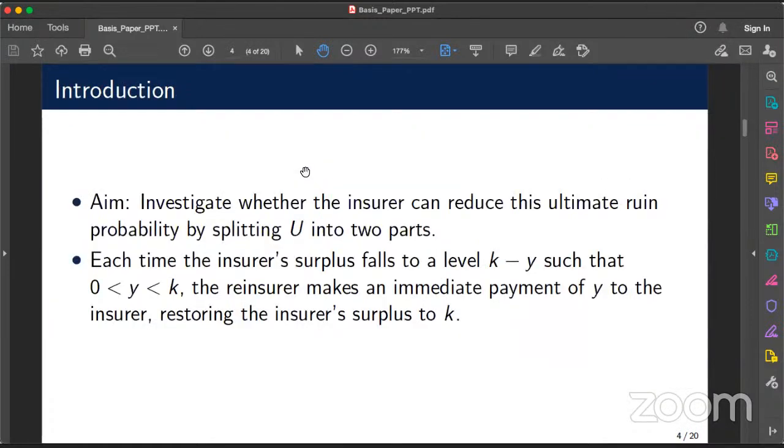Okay. So as I was saying, the reinsurance that was considered in this study was not traditional.